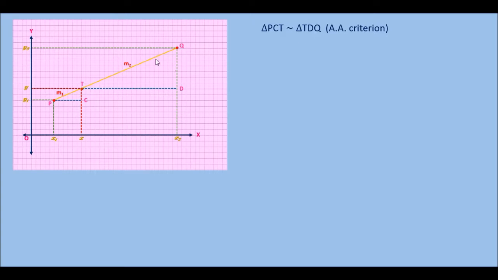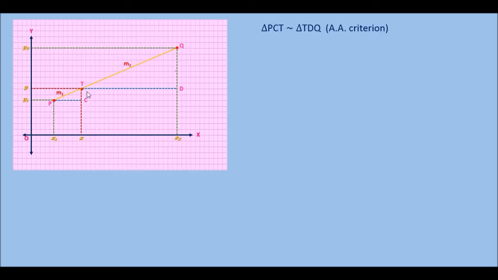How? Obviously, you must be knowing how to prove these two triangles to be similar, but even then I am telling you. These two are two parallel lines PC and TD, and PQ is a transversal. So angle TPC, that is this angle, is equal to angle QTD, that is this one, because these two are corresponding angles.